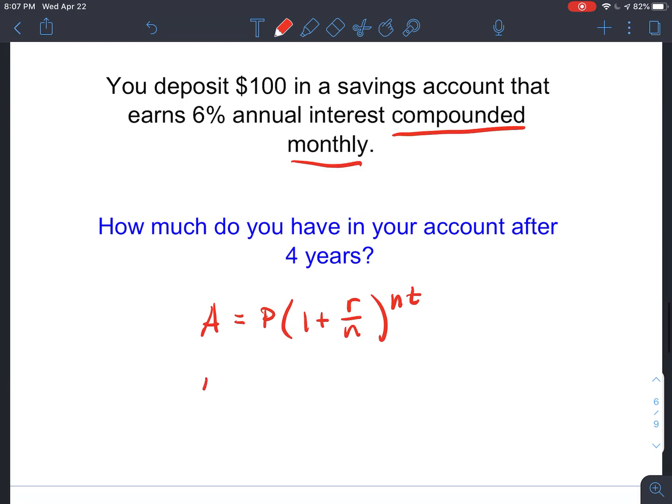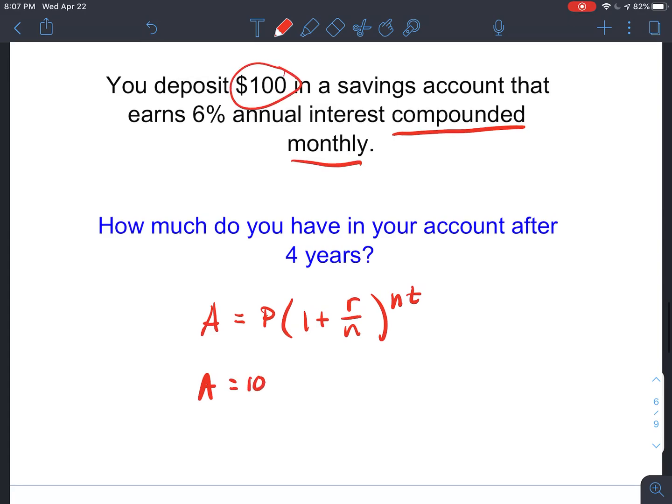Now we just have to fill in my values. Well, I want to know what my final value is. My principal is the initial amount, which is $100 I'm investing. 1 plus my rate as a decimal over n, and monthly would be n is equal to 12. All raised to the 12 times, and how many years am I looking for? 4.